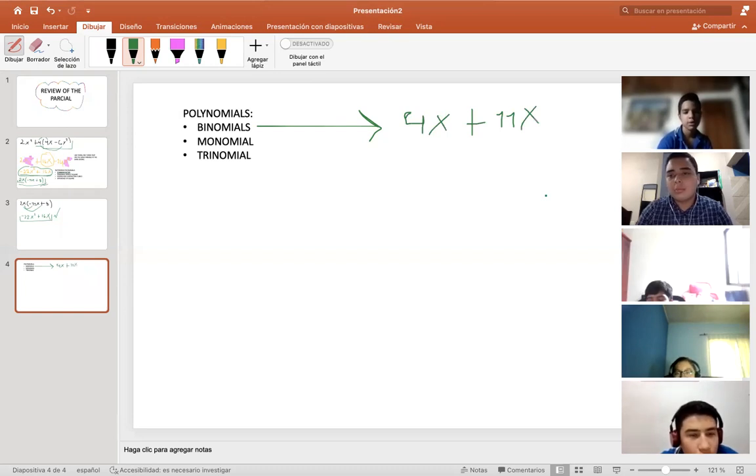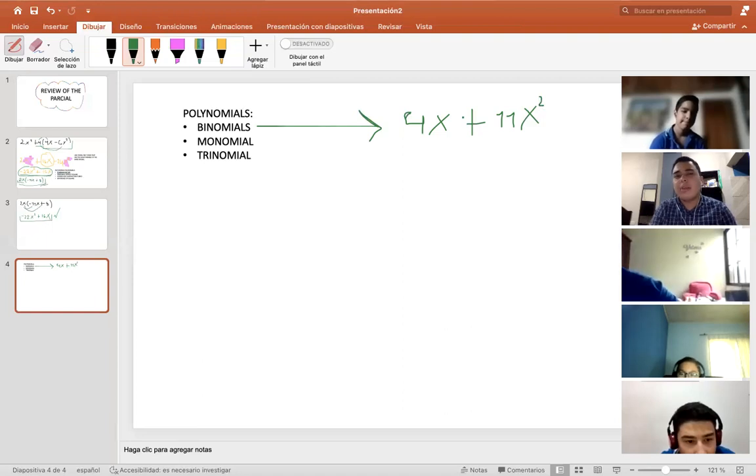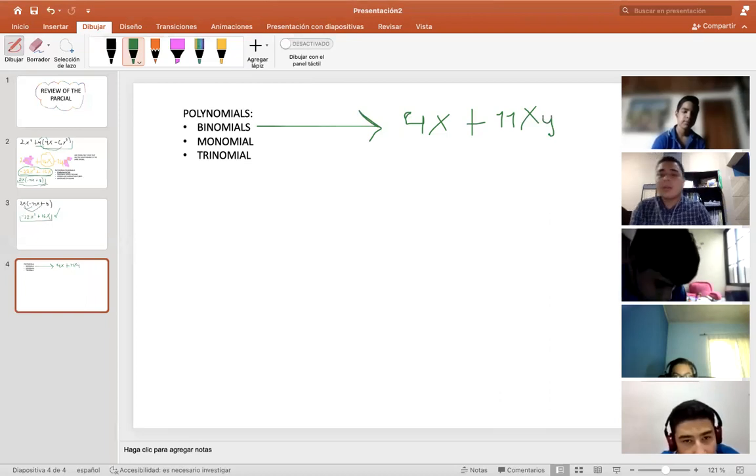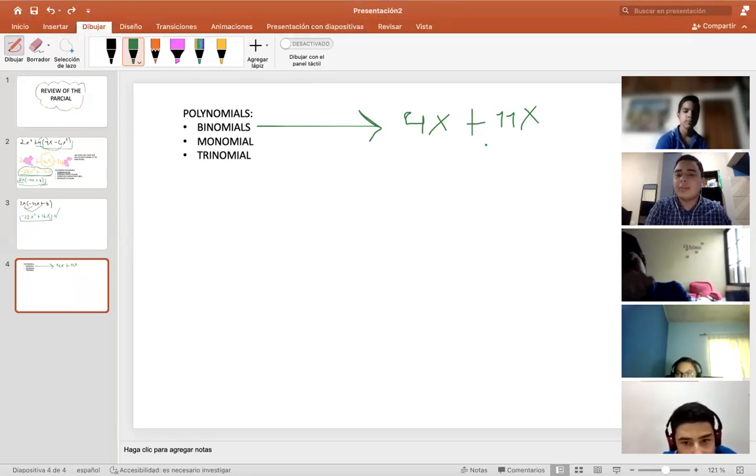I think so. Guys, actually, if we have, for example, any change, like if we put this as an x squared, or if we add another variable like this, it can be a binomial. But why, if we leave it like that, like Marlon says, why not?